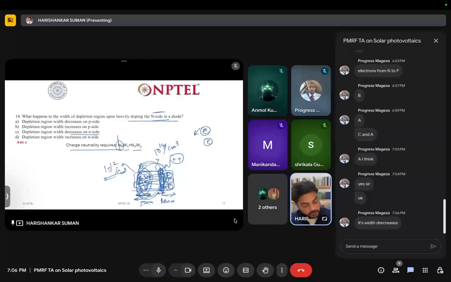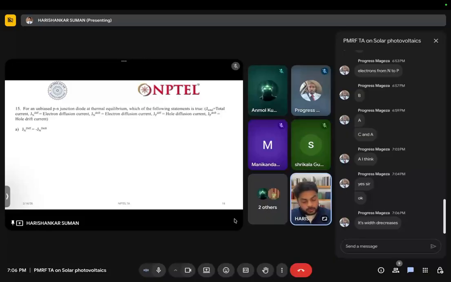So we increase the donor concentration while the other remains constant. So this width should decrease; only then will it balance this equation. If one increases, the second will decrease in a multiplicative case, like here, charge neutrality.